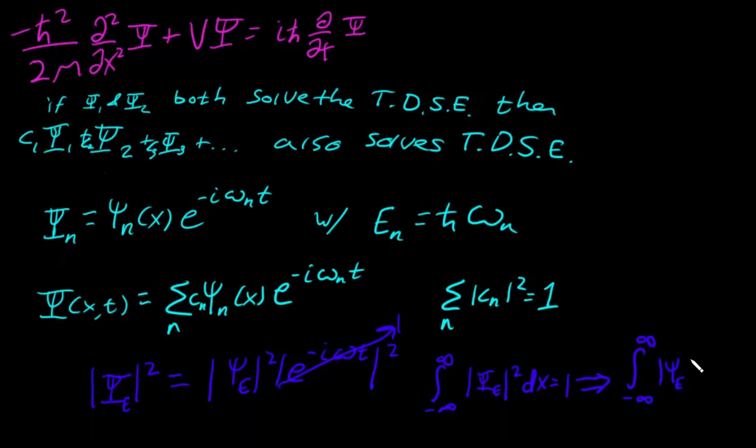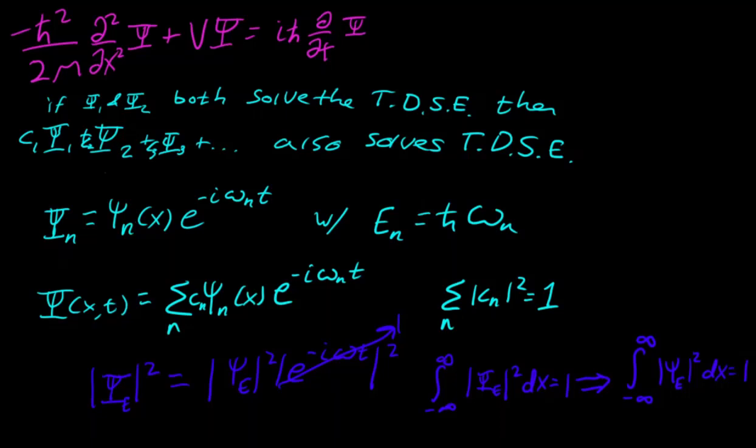We don't need the f of t part because when we take the norm squared, it just becomes 1. So when we're normalizing these solutions, we only need to normalize the x part, the solution of the time-independent Schrodinger equation.